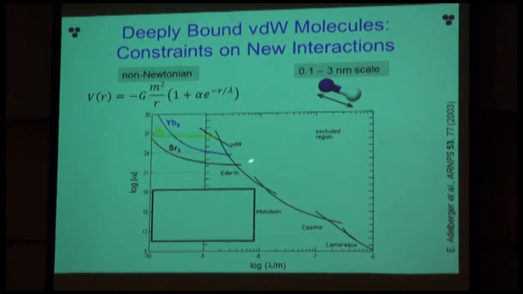So I showed a few molecules, ytterbium-2, strontium-2, and hydrogen-2, and how they could potentially contribute to this very poorly known region. And hydrogen, of course, is a very tightly bound molecule, so it's great, but it's better at even tighter distances.